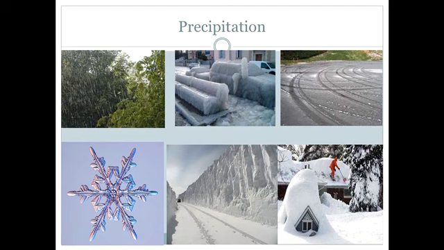Lake effect snow is where you get a ton of snow, and it usually occurs up near the Great Lakes, which is in the northern part of the U.S. Then, in the bottom right hand corner, you see a man, or it could be a woman, shoveling the top of the roof. They're shoveling off the snow.